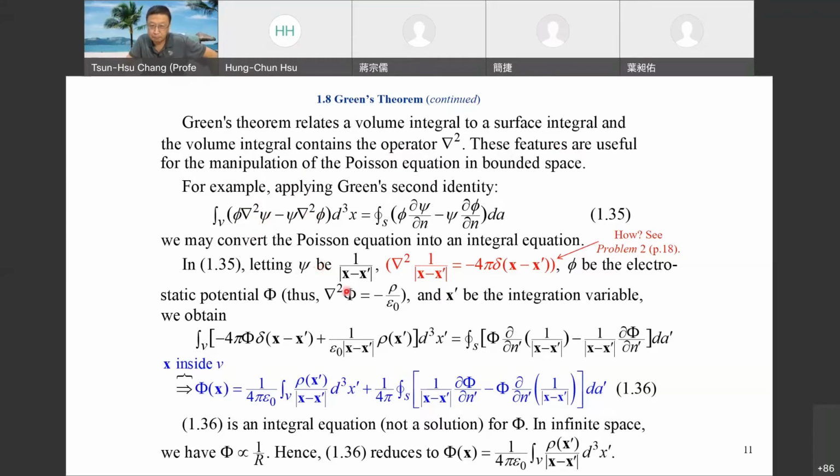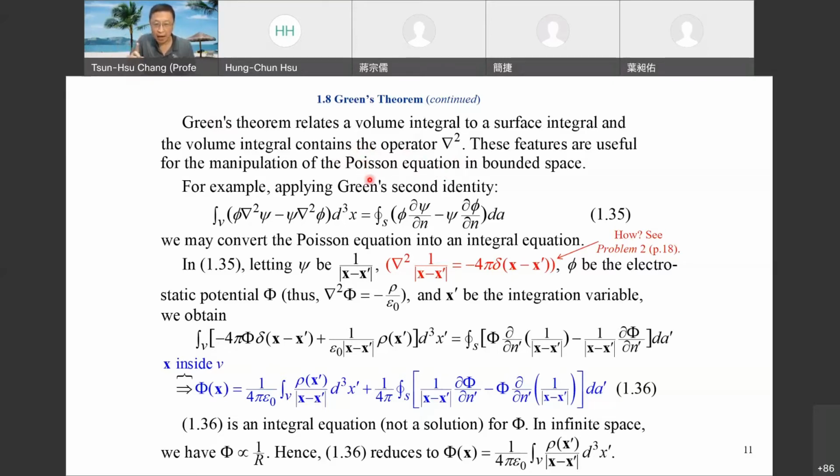Remember, when we study electromagnetism, we study Poisson's equation, Laplace equation, specify the boundary condition and solve the Laplace equation. But now we are going to solve Poisson's equation, much more difficult to deal with.